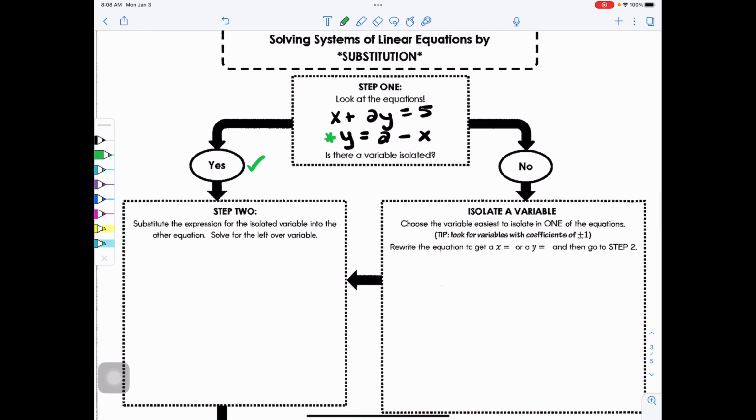So it says substitute the expression for the isolated variable into the other equation and solve for whatever's left over. If I go look at this, they're telling me that y is equal to 2 minus x. That means I'm going to take the 2 minus x and substitute it into the other equation in y's spot, because that's what y equals.